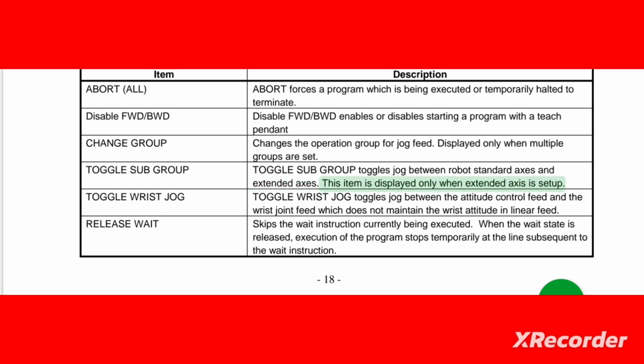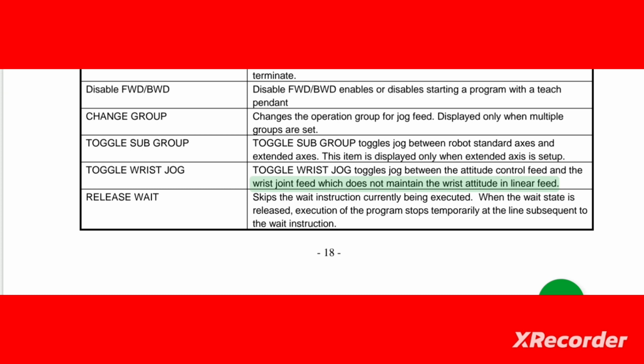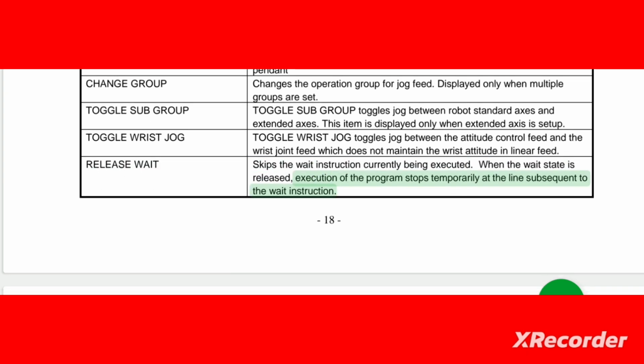This item is displayed only when an extended axis is set up. Toggle wrist jog toggles jog between the attitude control feed and the wrist joint feed, which does not maintain the wrist attitude in linear feed. Release wait skips the wait instruction currently being executed when the wait state is released. Execution of the program stops temporarily at the line subsequent to the wait instruction.